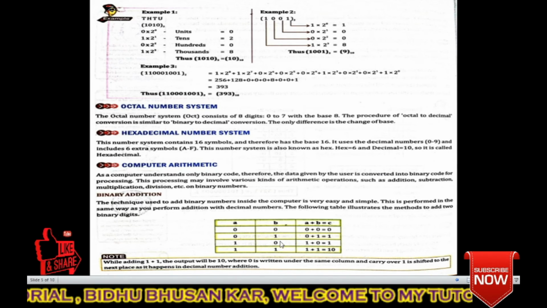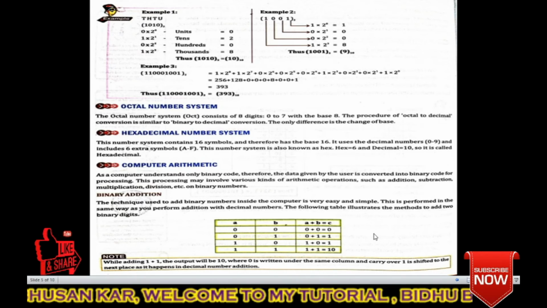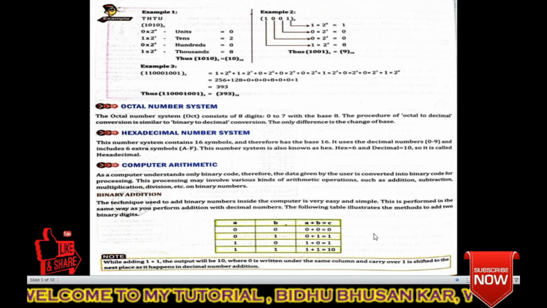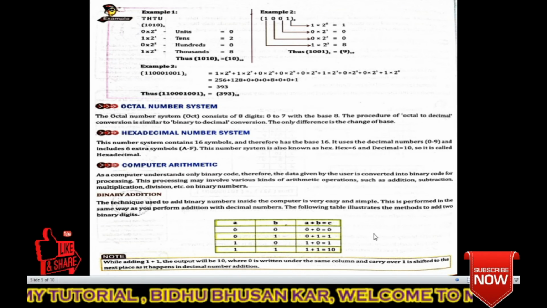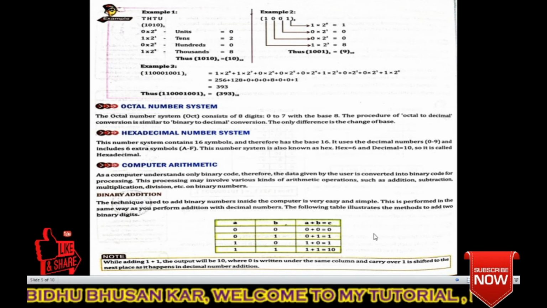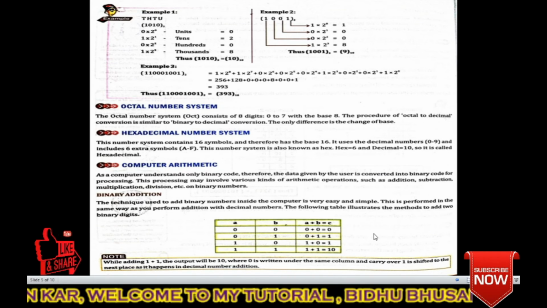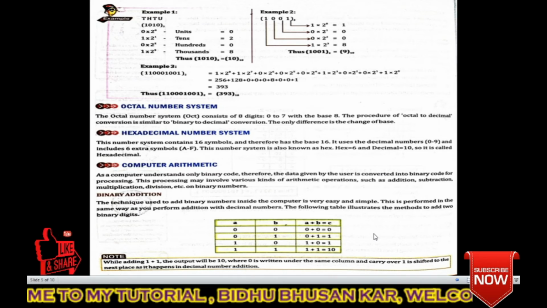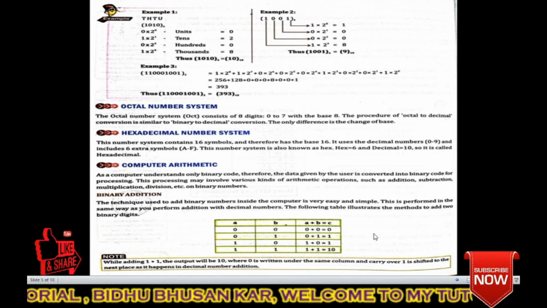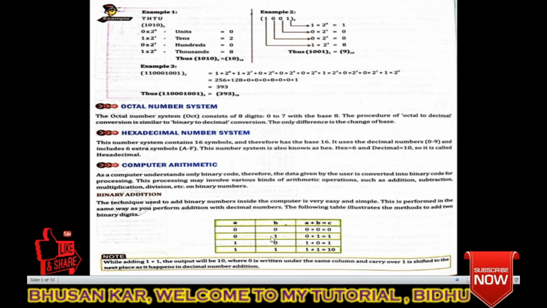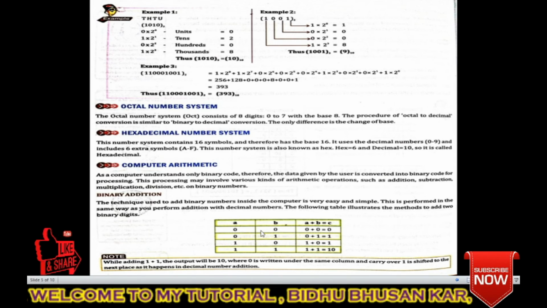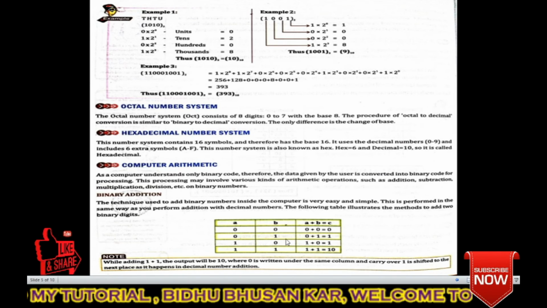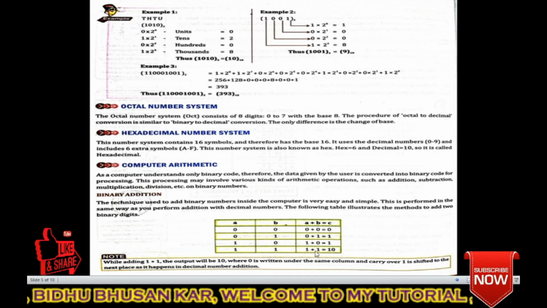Here is the main thing. As we know, in decimal, 1 plus 1 equal to 2. But in the computer, there is no 2, only 0 and 1. No 3, 4, 5, nothing else. The computer understands only 0 and 1. Like this, it will calculate. 0 plus 0 is 0, 0 plus 1 equal to 1, 1 plus 0 is 1, then 1 plus 1 equal to 10.